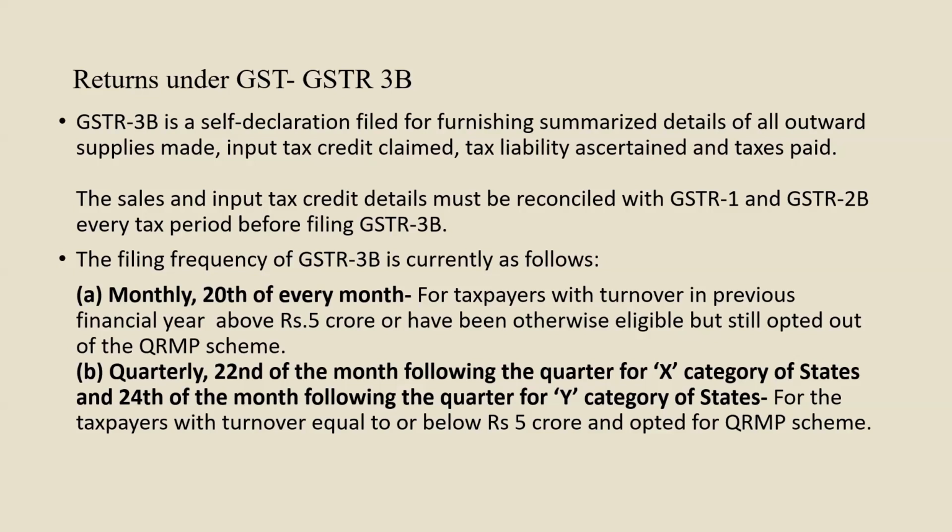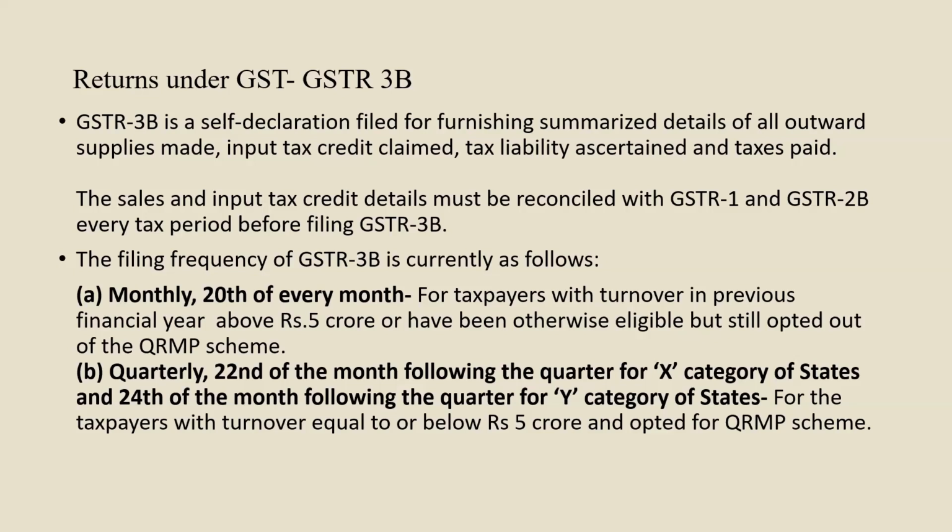How much is my net tax liability that I have to pay? Outward supply, I had output liability. 2B, I had input credit, benefit, privilege. And the difference between the output tax and the input tax credit is my tax liability for this period. And that will be reported in GSTR 3B.